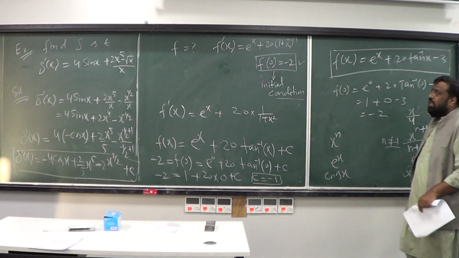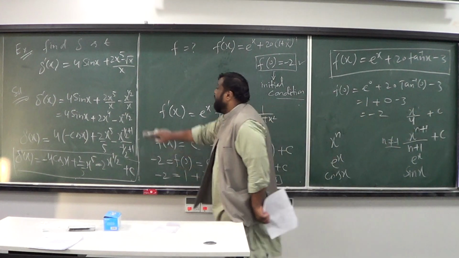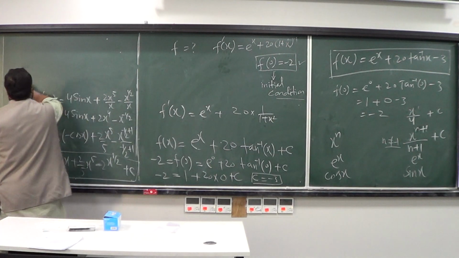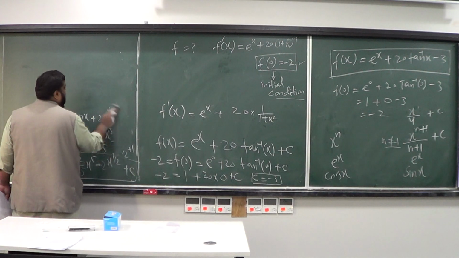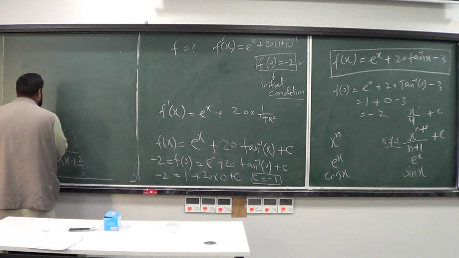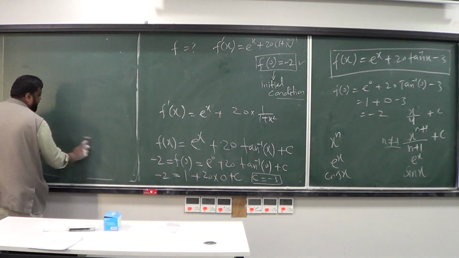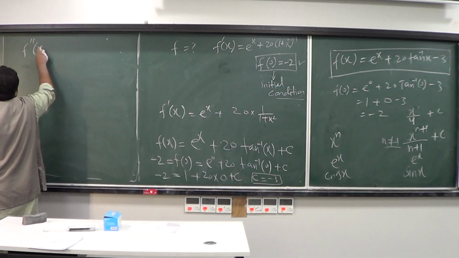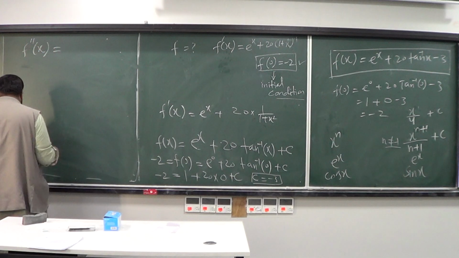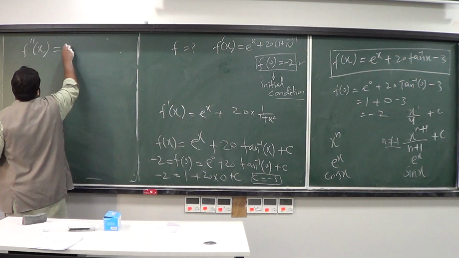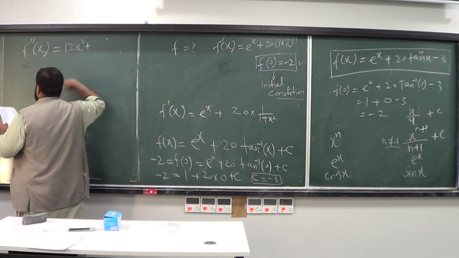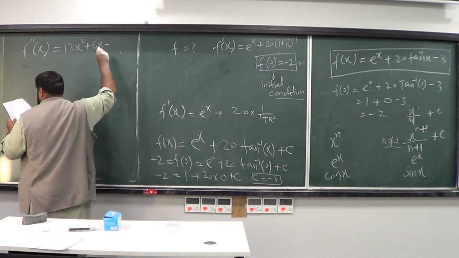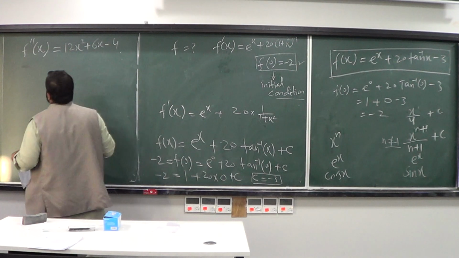Let's do another example. Interesting example. Now instead of one derivative, we have been given, for example, two derivatives, a second order derivative. So I have been given f double prime of x, which is 12x squared plus 6x minus 4.